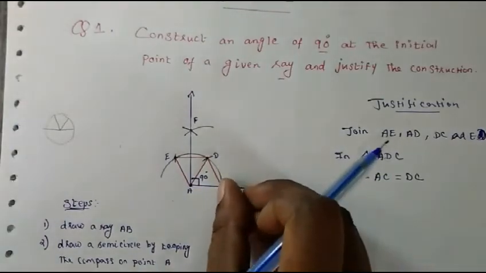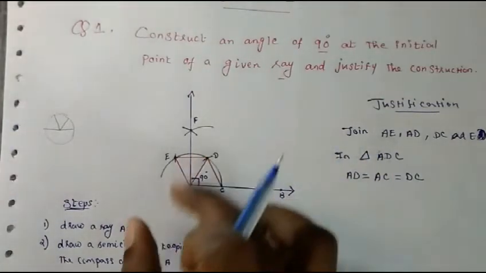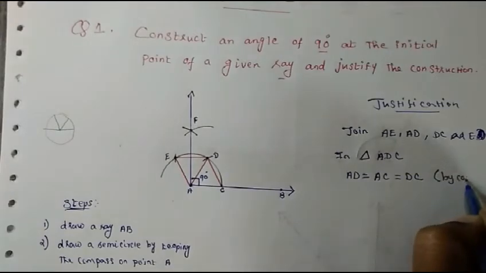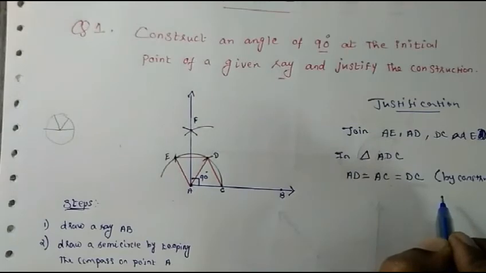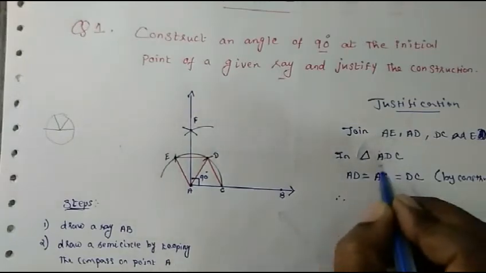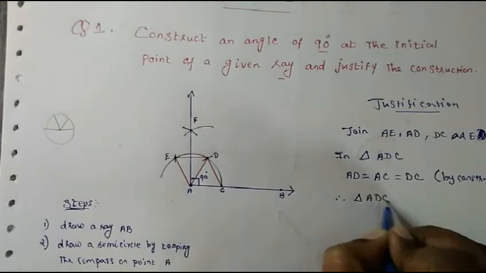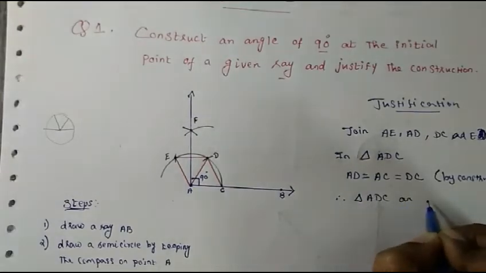The same measurement we cut here also. So all sides are equal. I can say by construction, all sides are equal. If all sides are equal, then triangle ADC is an equilateral triangle.